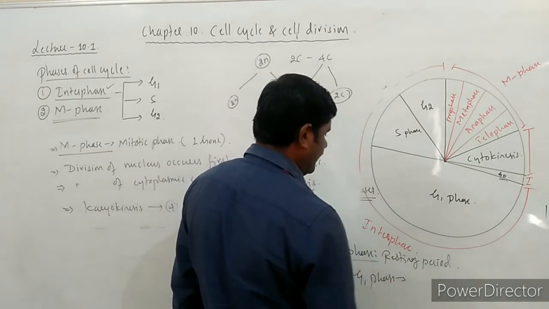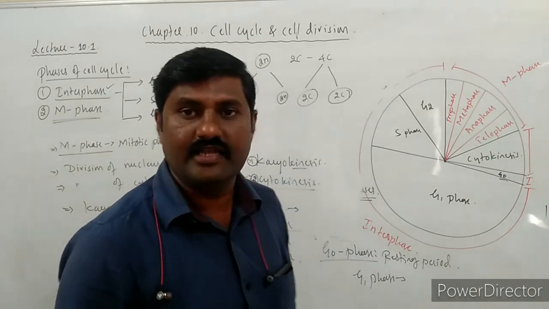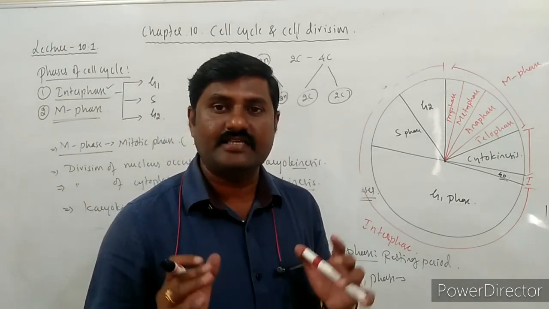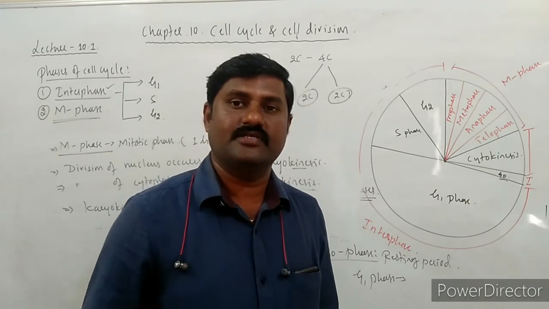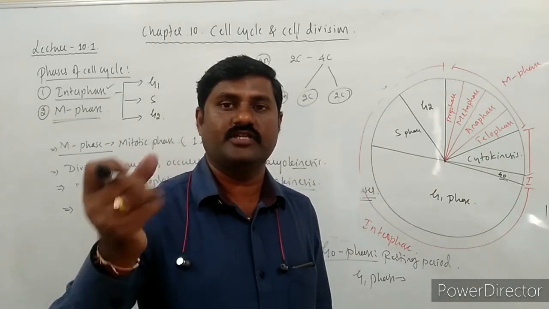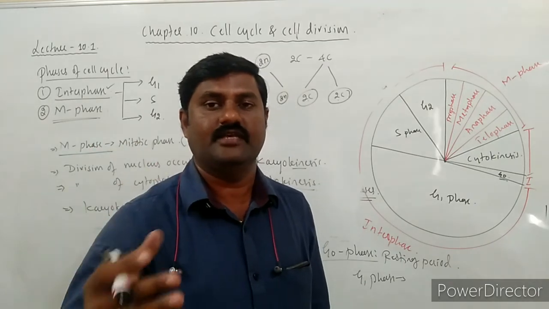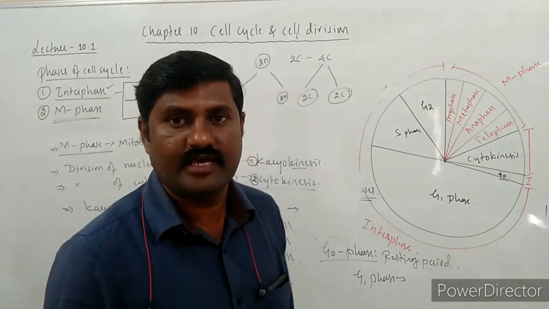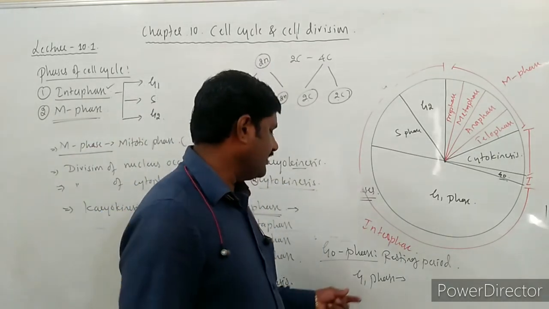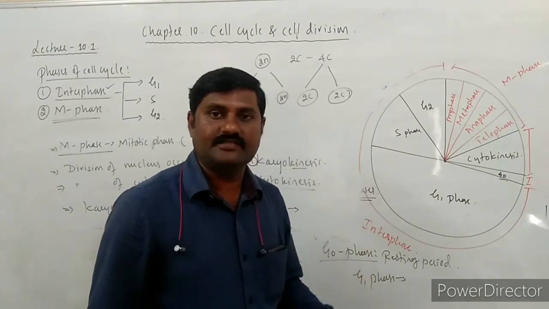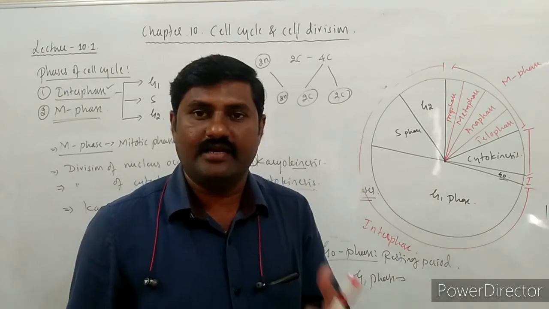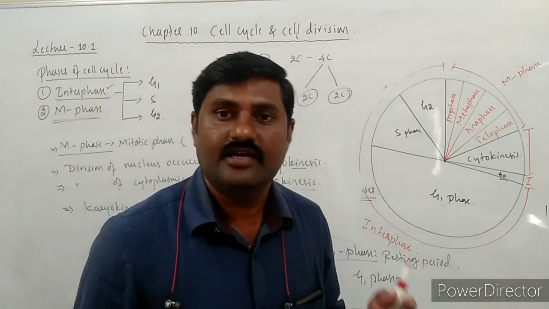What happens here is, during early G1 phase, the arrest of the cell division occurs. Why? Because those proteins that stimulate the next phase are not produced properly. Because of that, the cell growth arrests there itself, and the cell will be at rest and does not prepare itself for division.